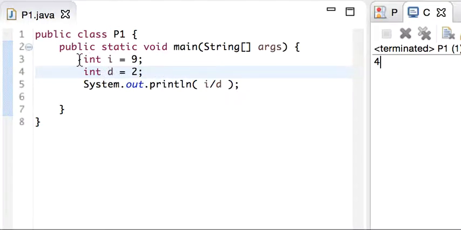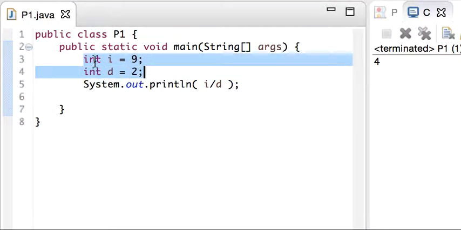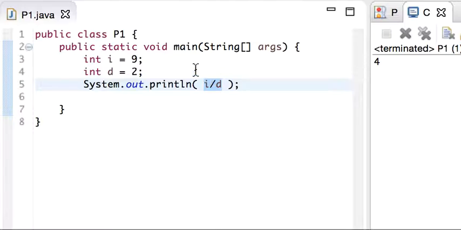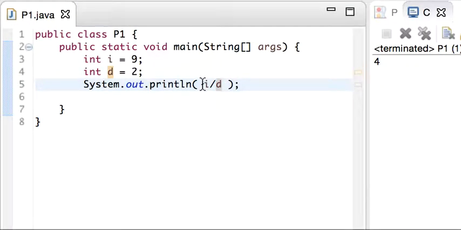Let's assume that I cannot change the data types, so this remains an integer and this is an integer. But still, I want to get the correct answer. 4 is not correct. If you use a calculator, the result is 4.5. So how can I get 4.5? If I make at least one of these values double, then the result would be correct.